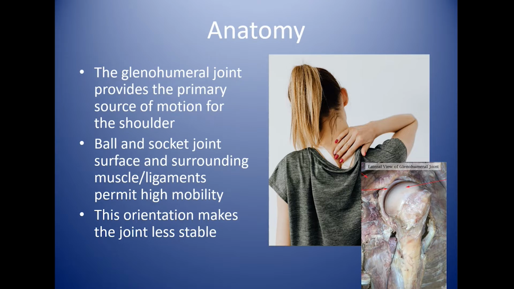You're not generally putting your foot behind your head, whereas in the picture here, it's easy to put your hand behind your head. A joint that doesn't have a lot of constraint is less stable, and that's what ends up leading to problems, especially with certain athletic pursuits, though it can happen to anybody in any situation. Next slide.